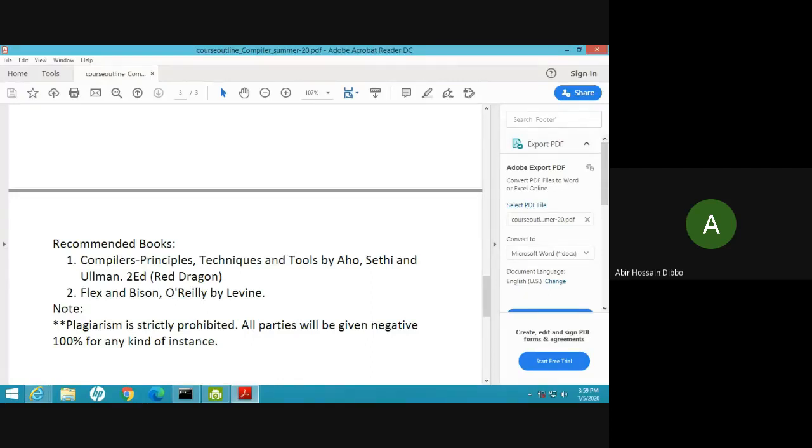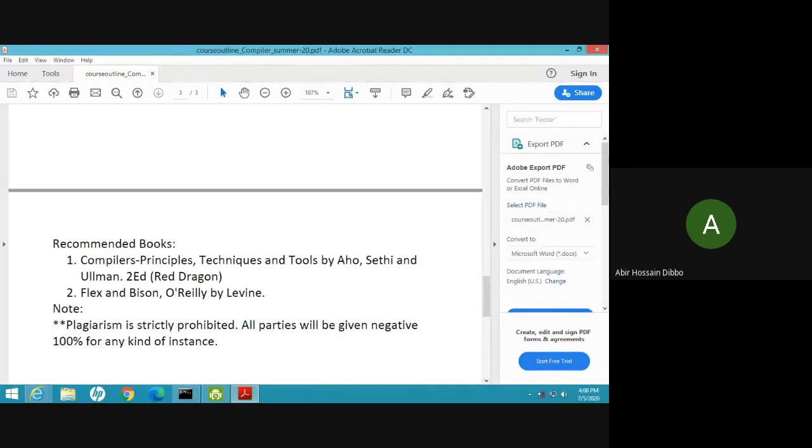A knight is trying to tempt the big dragon to incorporate it in the computer. That's why it is called the Red Dragon book, and the dragon color is red. Actually, it is a metaphor. The dragon is the language. They are trying to incorporate this language into the computer, and it is a very difficult task. That's why they called it the Dragon series. And the second edition has a red dragon color. That's why it is called the Red Dragon book. Okay.